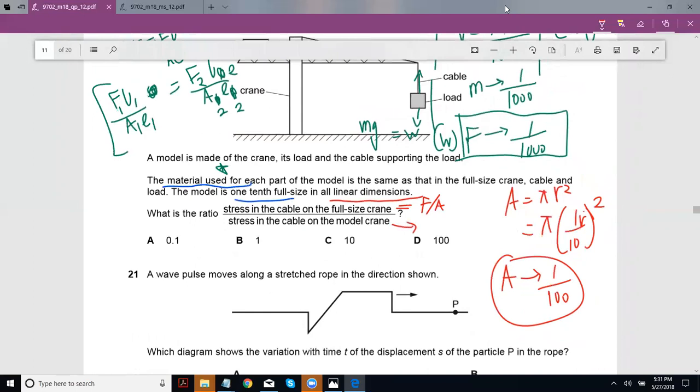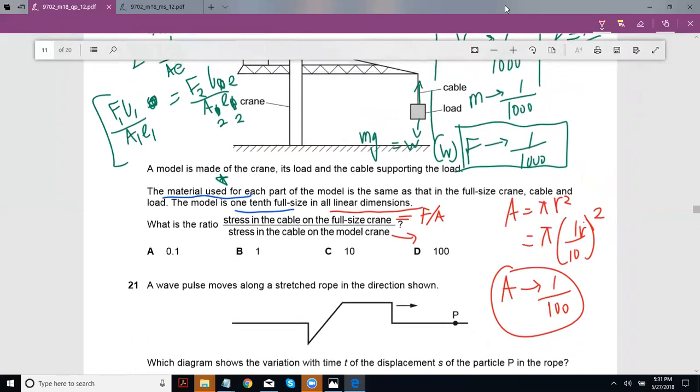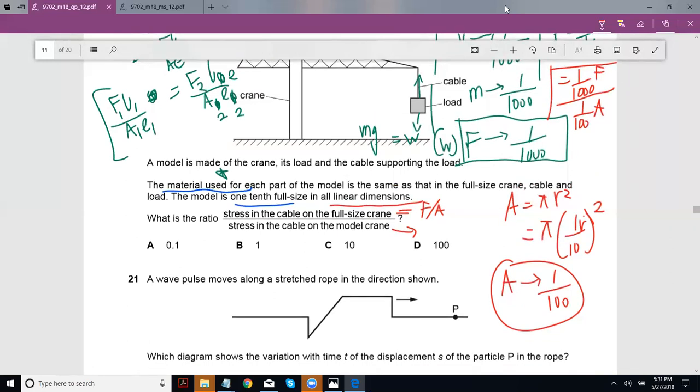In the model crane, if you think about it, stress was force upon area. Stress is now 1/1000th of your force into 1/100th of your area, and if you simplify, that gives you 1/10.